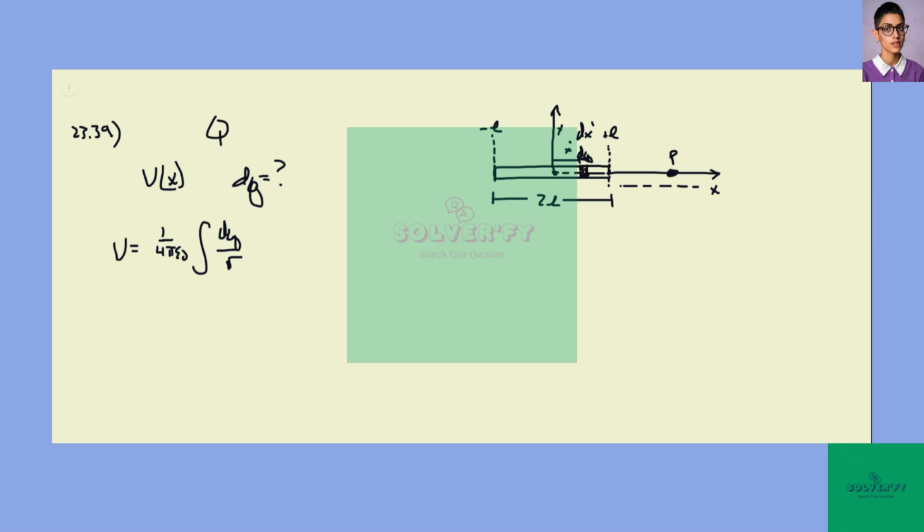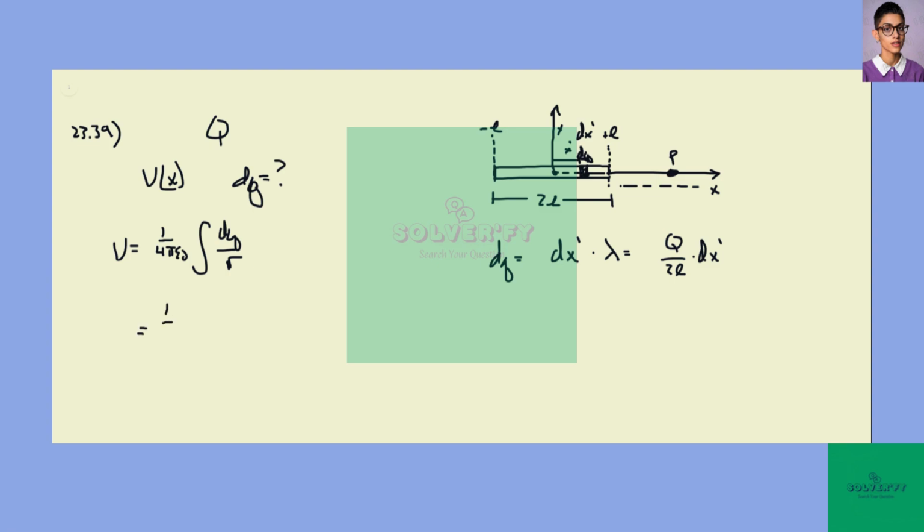So now dq is dx prime times the linear charge density. And the linear charge density is just the total charge over the total length of the rod, Q over 2L, times dx prime. So now we know what dq is.